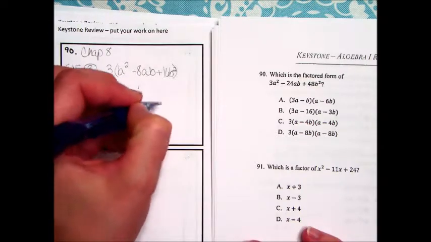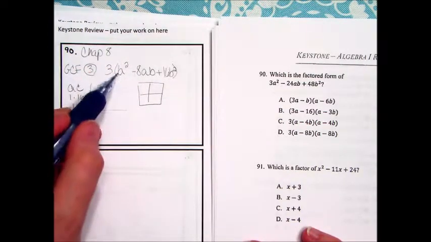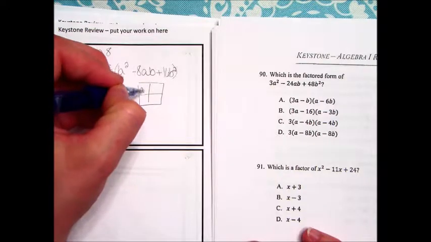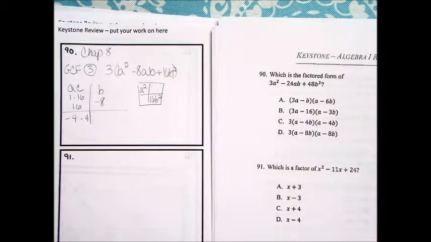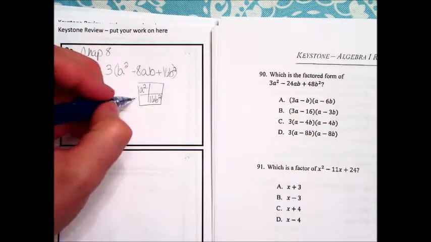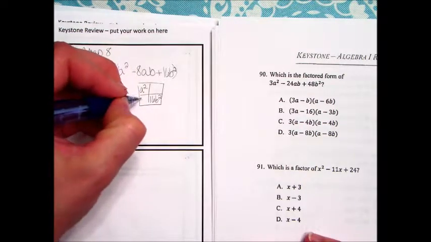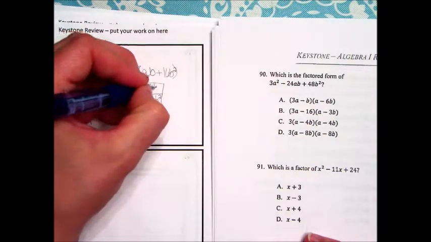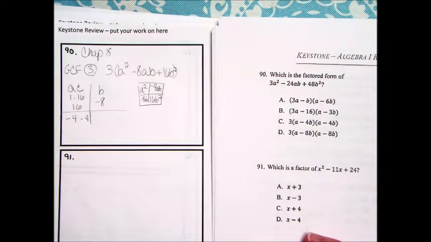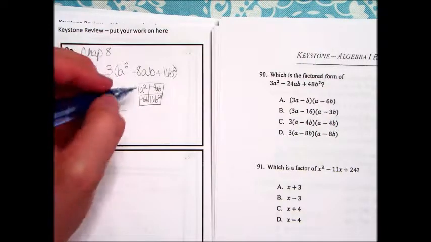Now draw your box. Put 1a squared up here. Put 16b squared down here. This is a great factoring problem. Put a minus 4ab here, and another minus 4ab here. It is GCF time.